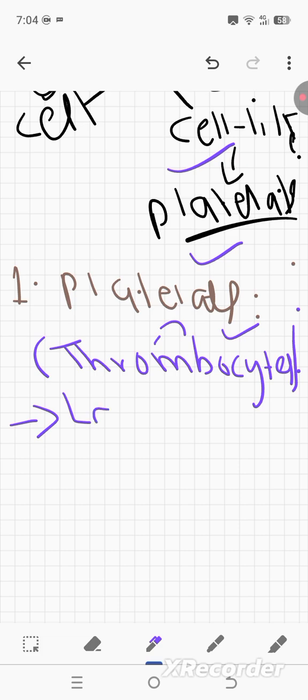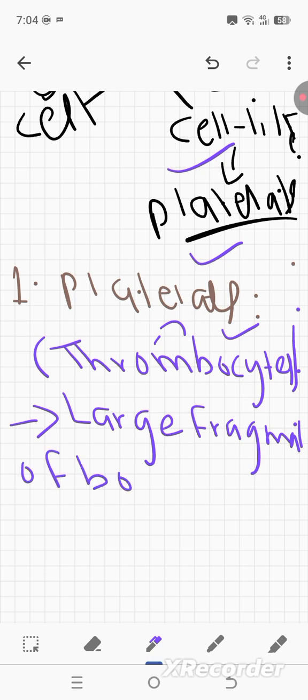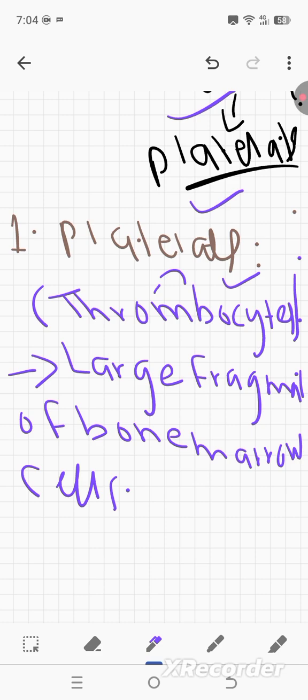It's not a cell, but it looks like a cell. It's a large fragment of a bone marrow cell.